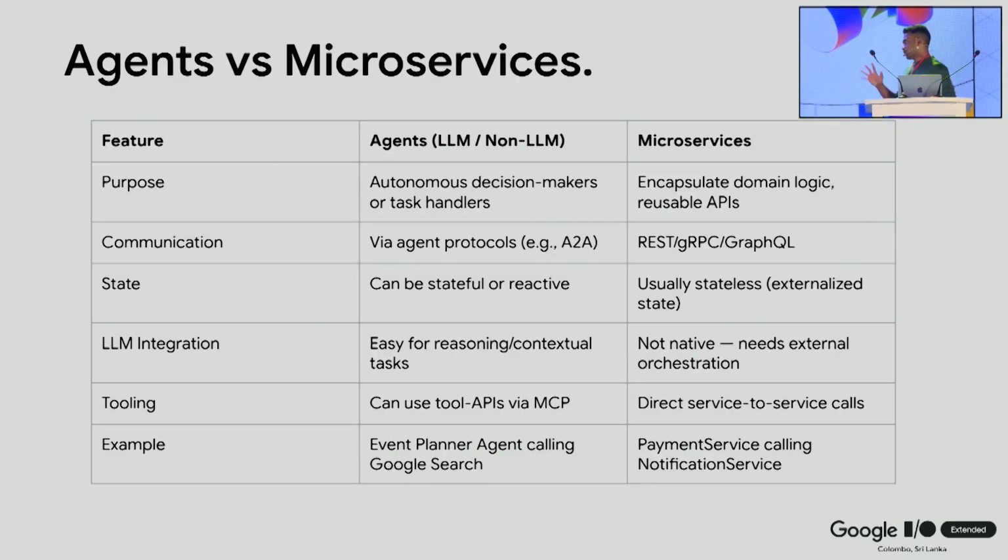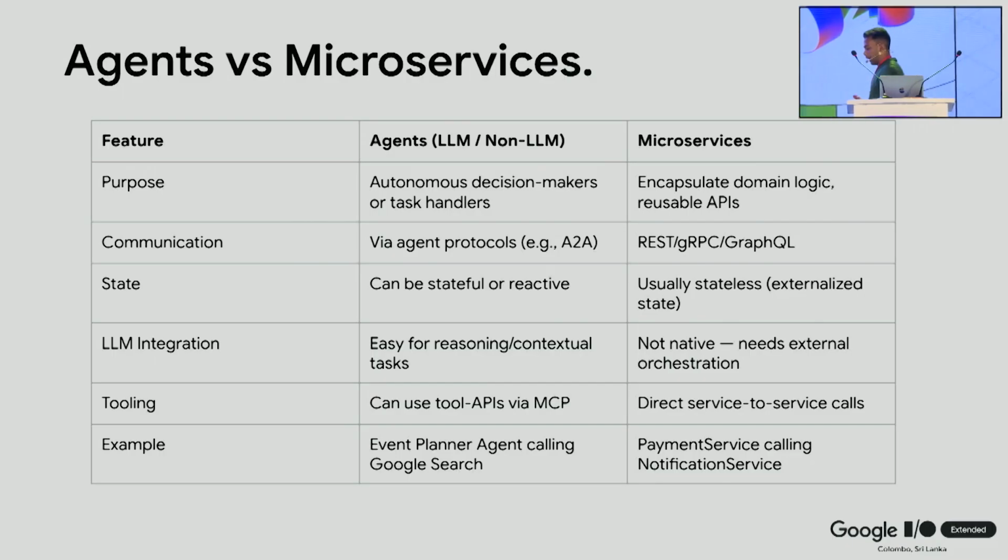And then there's another confusion when it comes to agents. You have agents dealing with an LLM, and there are non-LLM agents also. Then some people might ask, when it comes to microservices, is a non-LLM agent a microservice? No, right? They have their own differences. An agent is autonomous.